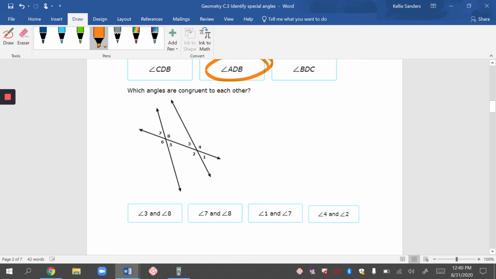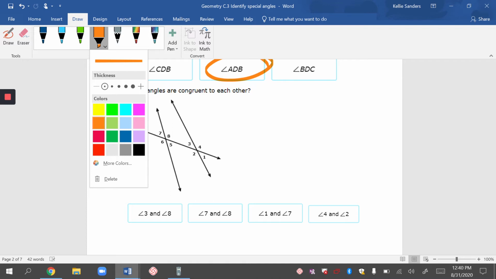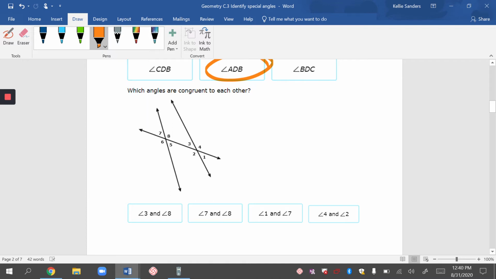Which angles are congruent to each other? So let's see. On this, my best suggestion is to look to see what they give you, and I'm going to do that. Angles 3 and angle 8. Here is 3 and here is 8. Well, those obviously are not congruent because they are not the same size.